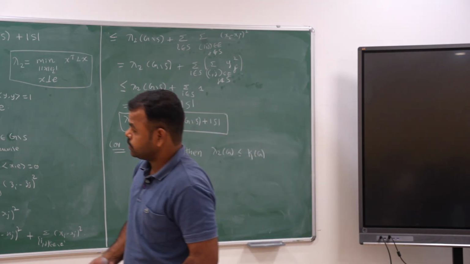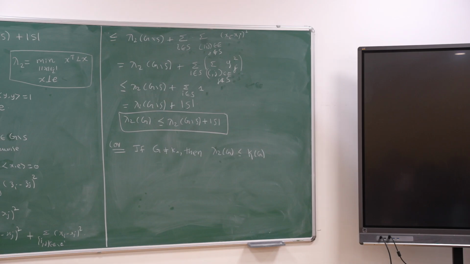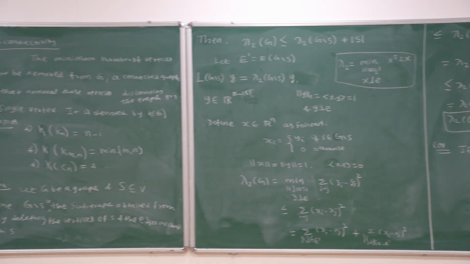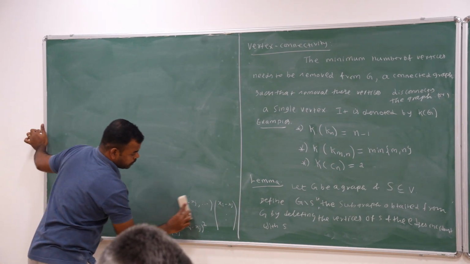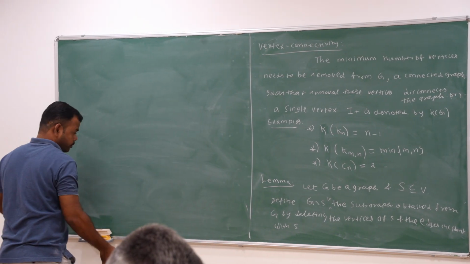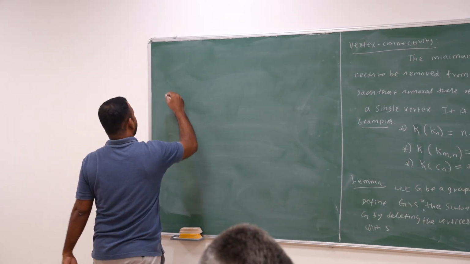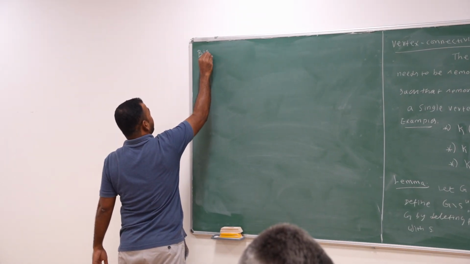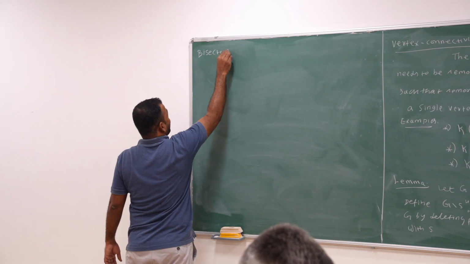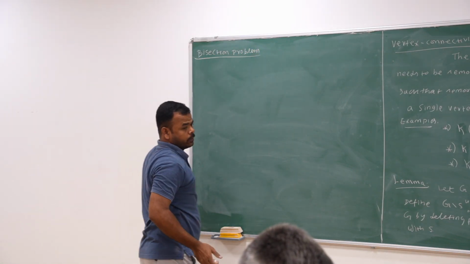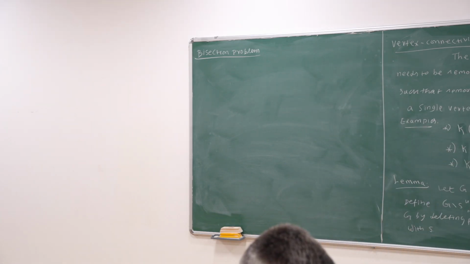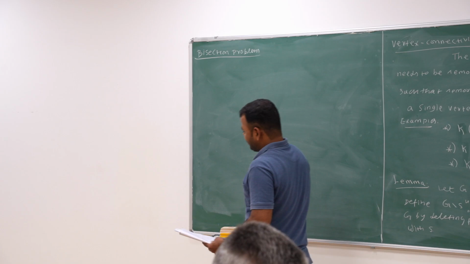Okay, so define something called the bisection problem. The problem here is you have to partition the vertex set into two parts subject to some constraints.